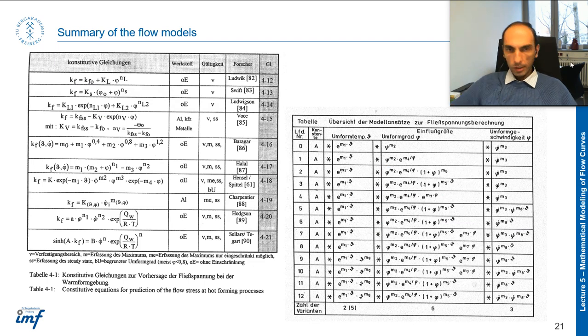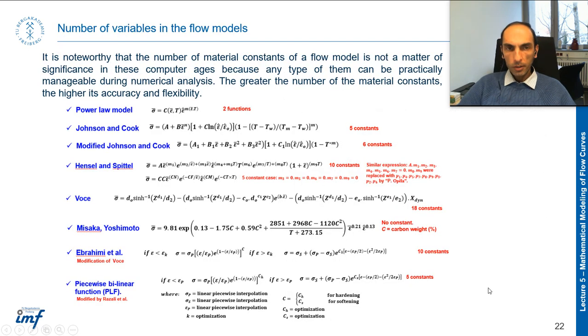So it's a summary about the models. We talked about it. You can see different models which can, of course, be categorized under the main families of flow models we introduced. And then here you can see the number of parameters in the model. Each model has a certain number of parameters, and why is this number important?